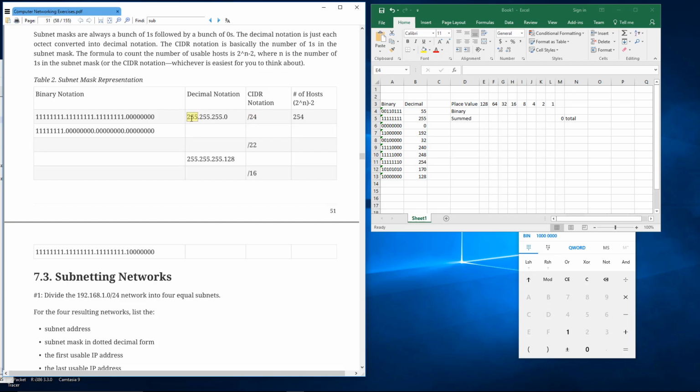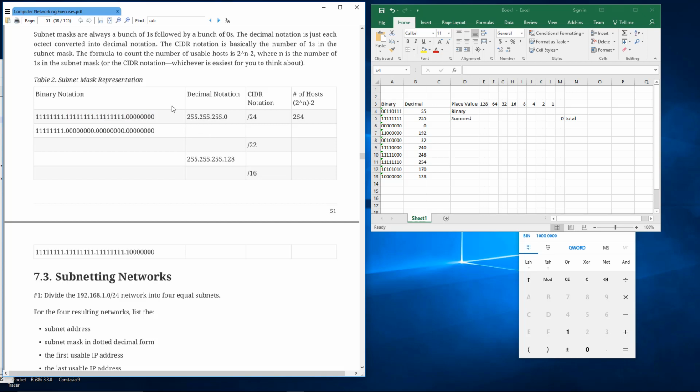What is 255 in binary notation? Think about it. The answer's on the screen in a couple of different places right now. Well, it's just 8 ones, right? So we can convert this whole number to binary. We have 8 ones, followed by 8 ones, followed by 8 ones, followed by 8 zeros.